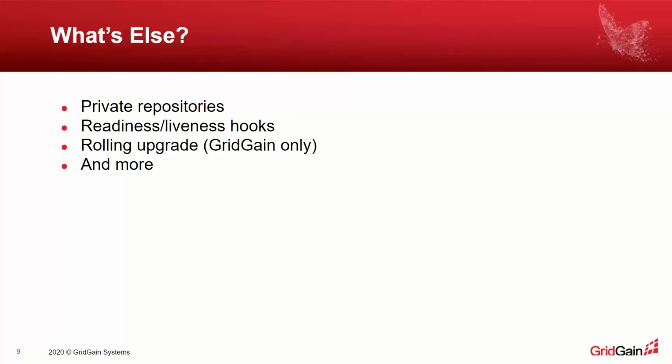And obviously there are some special routines such as rolling upgrade, for example, and these routines apply only for GridGain editions, because naturally Apache Ignite just doesn't have these features, and that's why you can't run them with Apache Ignite. And you might refer to the official documentation for checking other features of GridGain Operator.